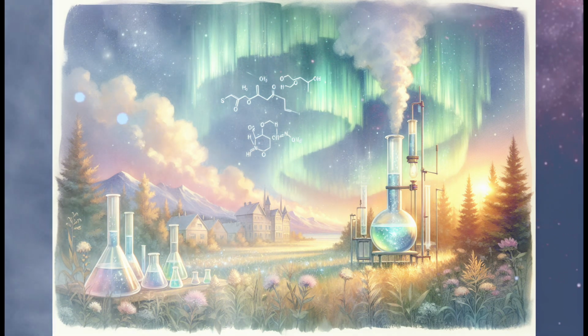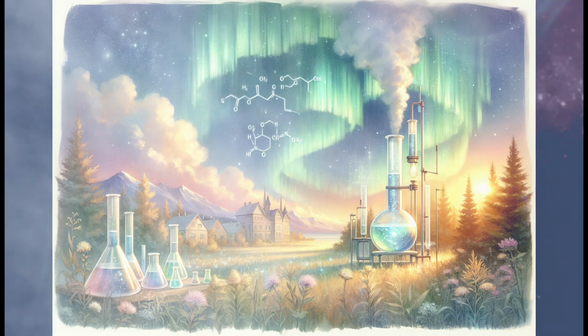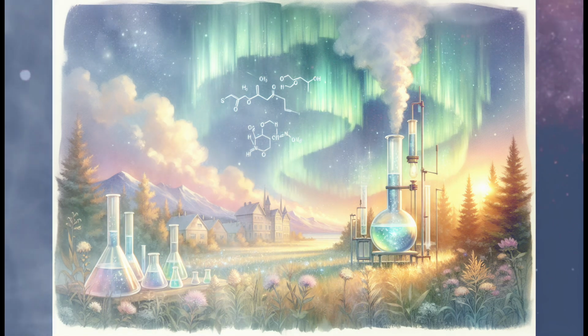The vibrant greens, reds, purples, and blues that dance across the polar skies are not merely random occurrences, but rather the result of intricate interactions at the atomic level. By understanding how these colours are produced, we can appreciate even more the beauty and complexity of this natural phenomenon.